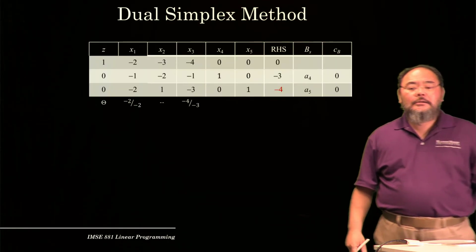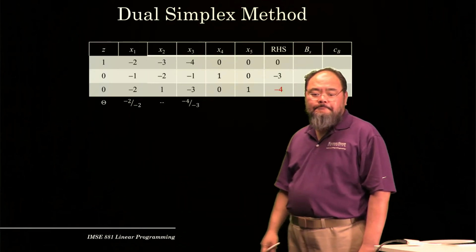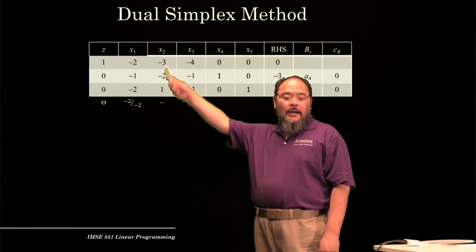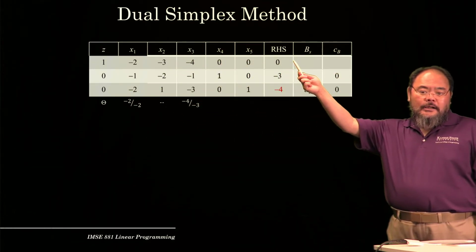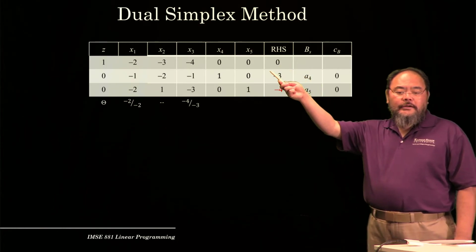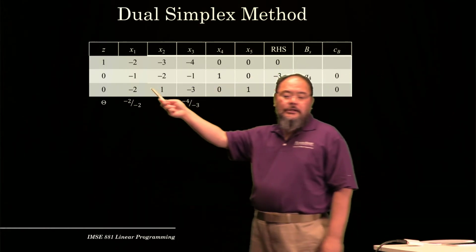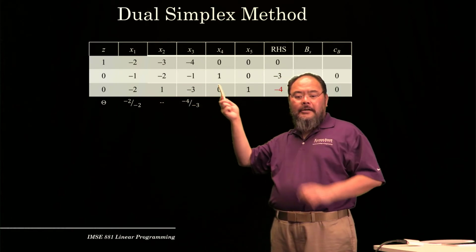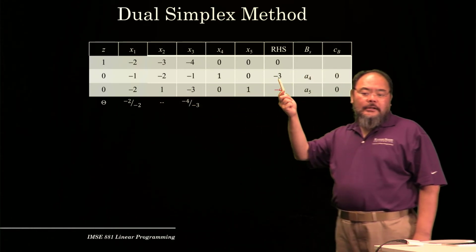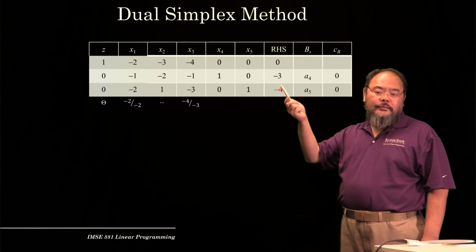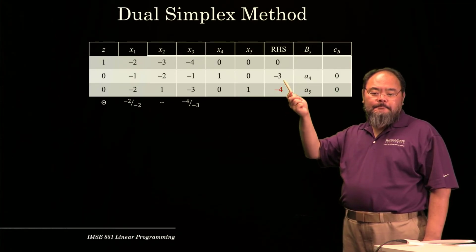Look at the tableau we put in. On the top, Zj minus Cj are all negative. The objective function value is 0 for now, and each constraint I multiply by negative and put in. The right hand sides are -3 and -4.